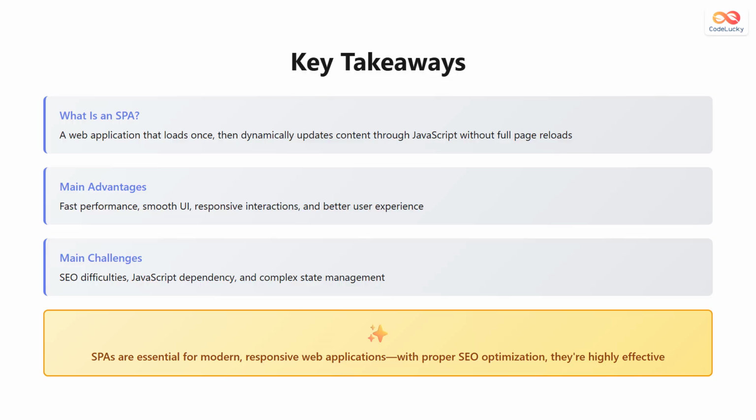The main challenges include search engine optimization difficulties, dependency on JavaScript being enabled, and complex state management. Despite these challenges, single-page applications are essential for building modern, responsive web applications. With proper search engine optimization techniques, they prove to be highly effective for creating engaging and performant web experiences.